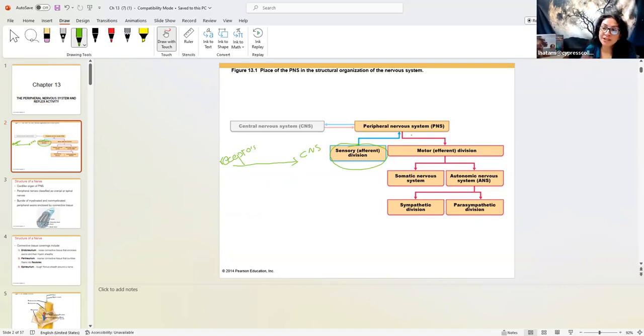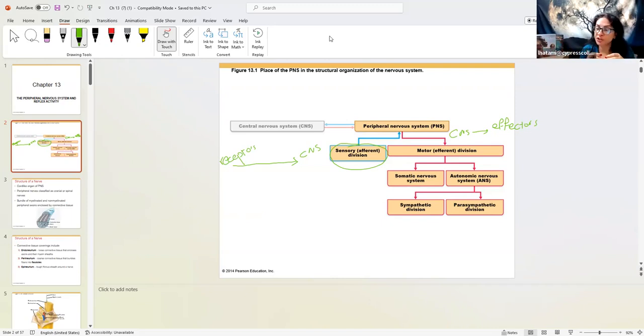While the signals coming away from the central nervous system, going toward the effectors, we call the motor division. As you remember, effectors can be muscles, skeletal muscle, cardiac muscle, smooth muscle, or glands. Then we can subdivide our motor division, or efferent division, into two other subdivisions based on their effectors.